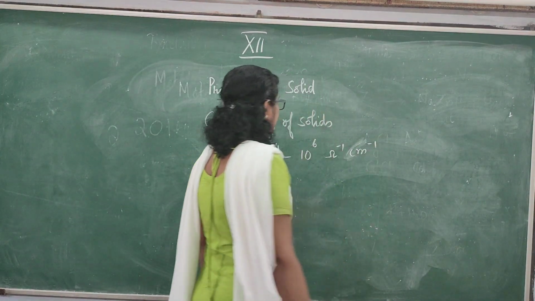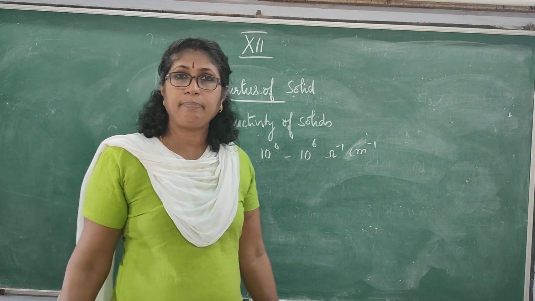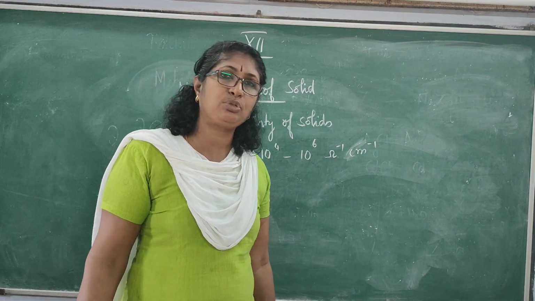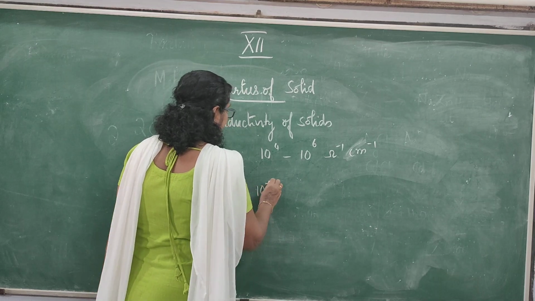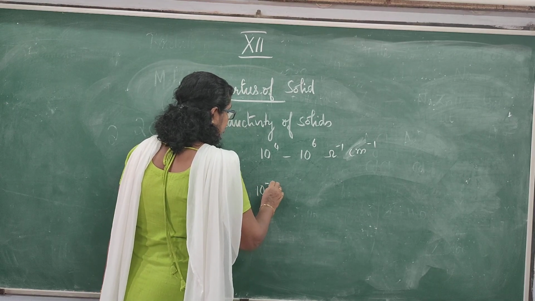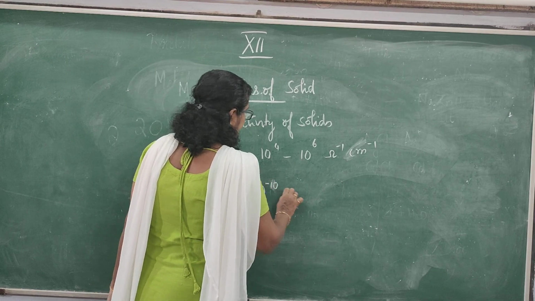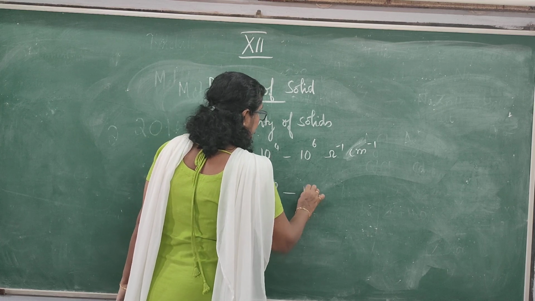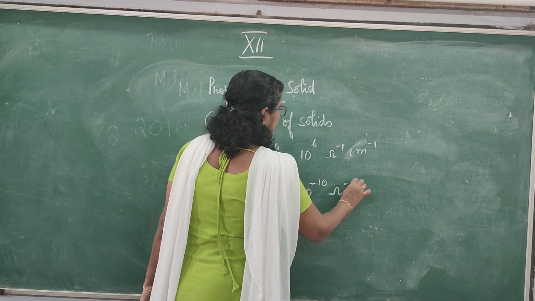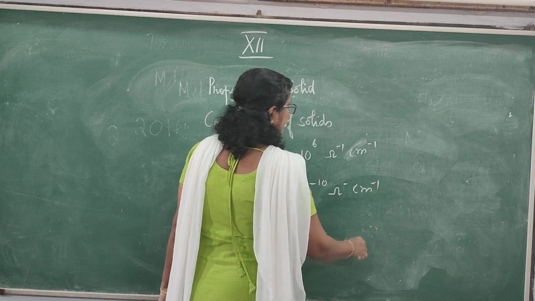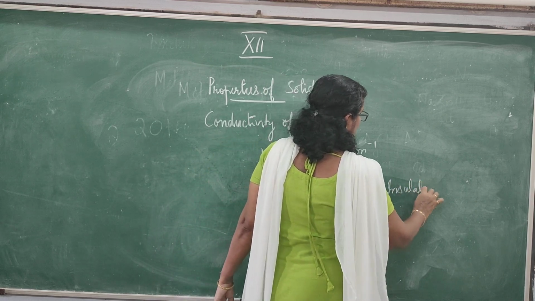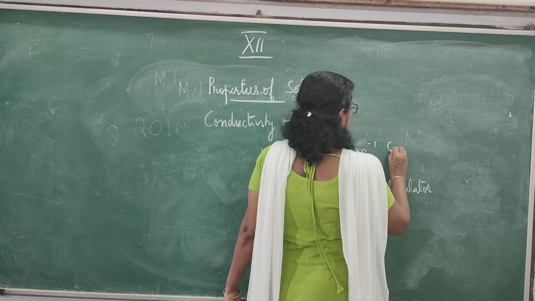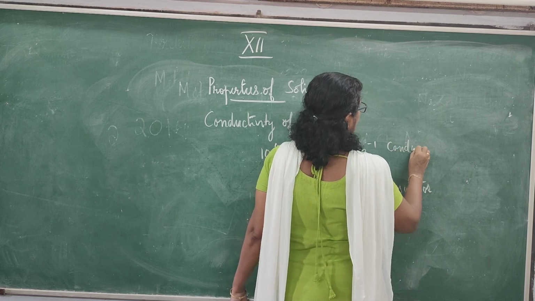This is the conductivity of the metallic solids. Their conductivity is very high. If the conductivity is from 10^-20 to 10^-10 ohm inverse centimeter inverse, then it is an insulator. So the conductivity is very low. The other is a good conductor like metals.